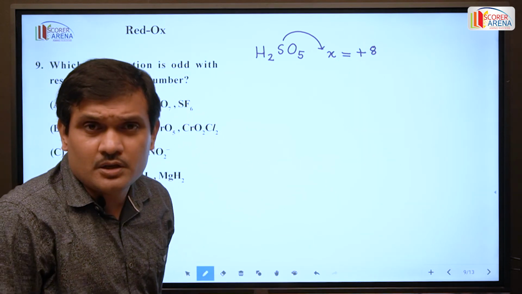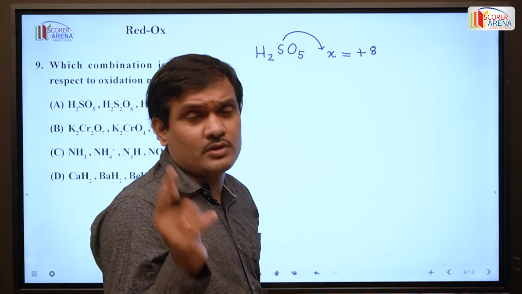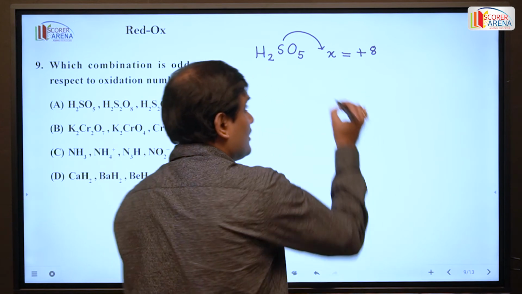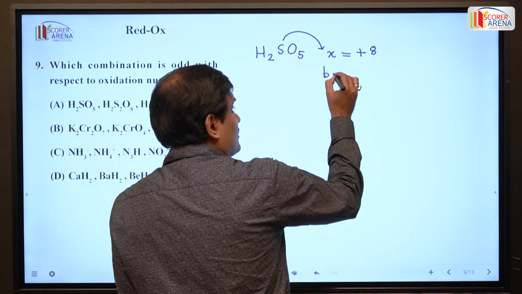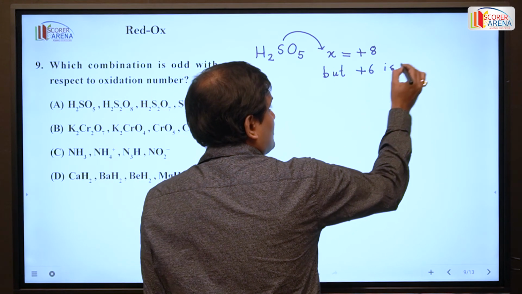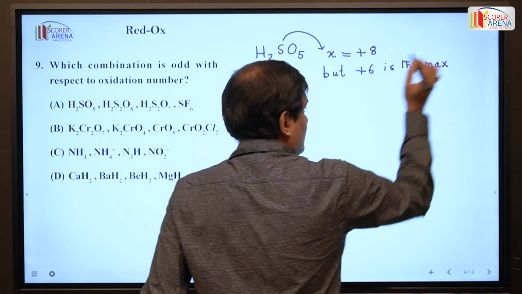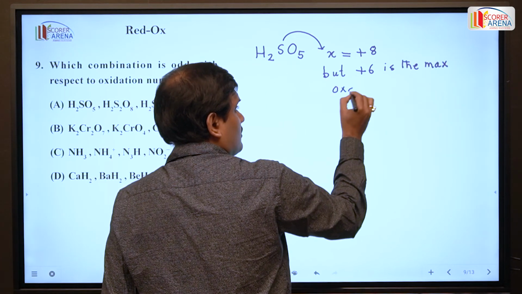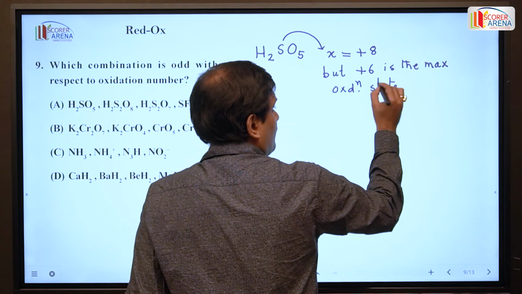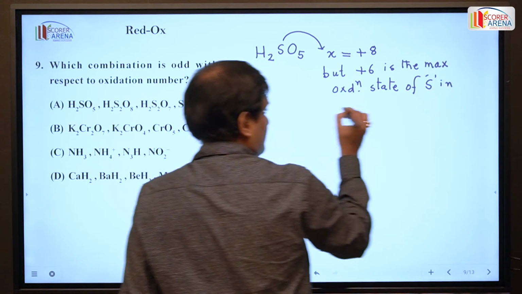Already we studied that sulfur, being a group 16 element, can show a maximum oxidation number of +6, which is the maximum oxidation state of sulfur in any case.